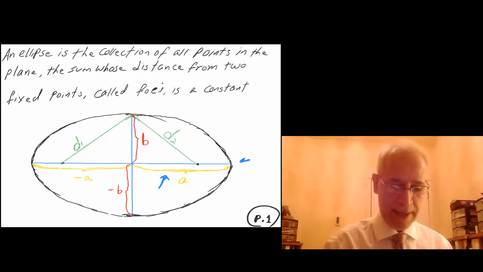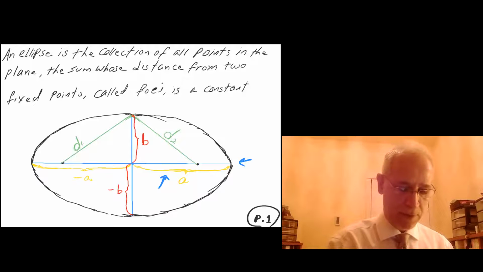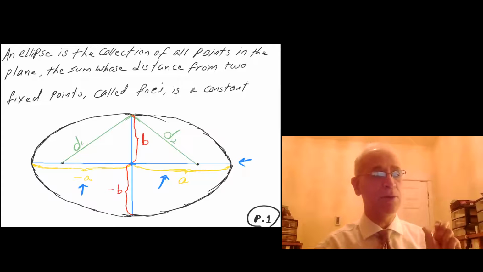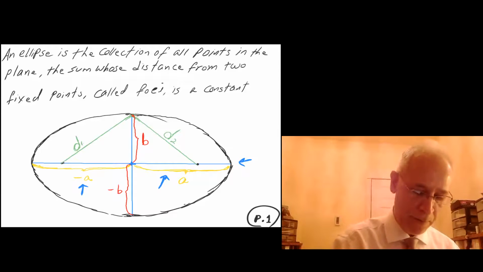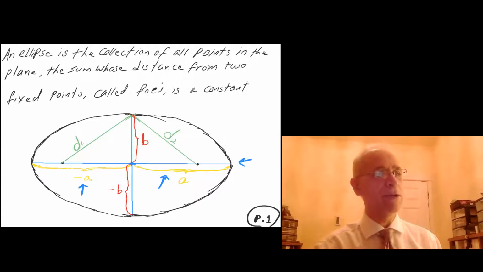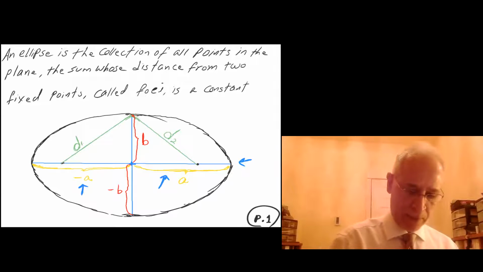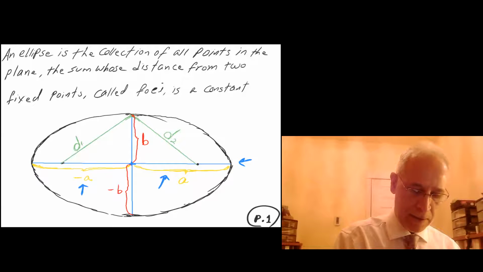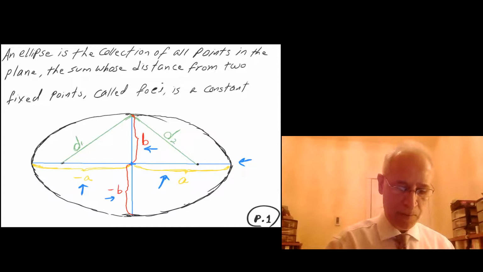If I call that A, then this one would be negative A, if we decide that the very middle point is the origin, (0, 0). And similarly, if I call this part B, then this is minus B.